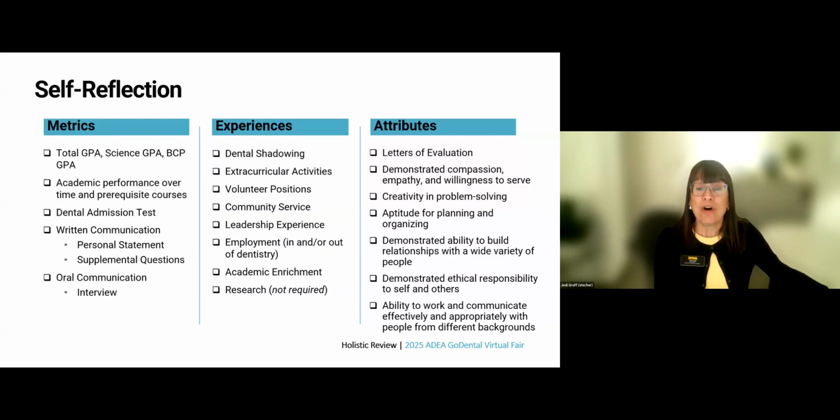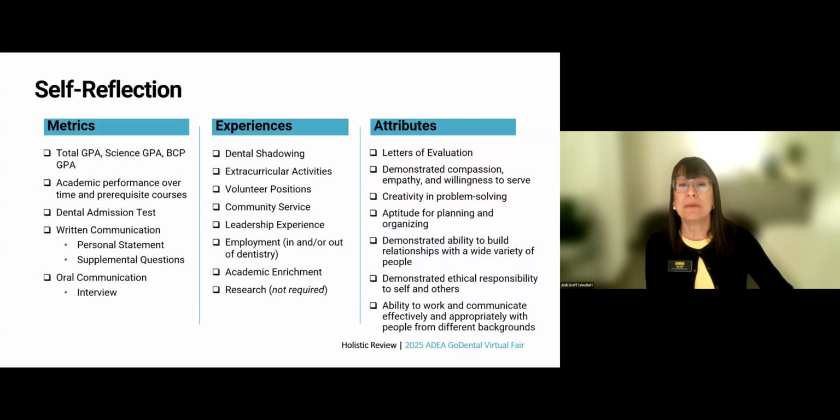Admissions committees will also be looking for a demonstrated ability to build relationships with a wide variety of people and a demonstrated ethical responsibility to yourself and to others. One final attribute for consideration is the ability to work and communicate effectively and appropriately with people from different backgrounds.